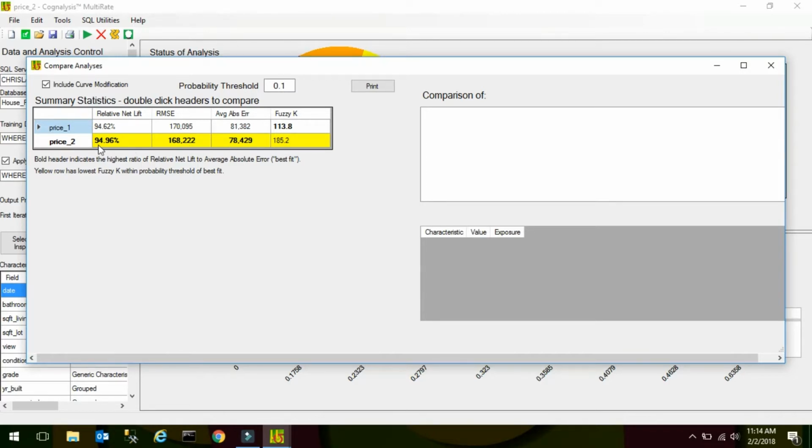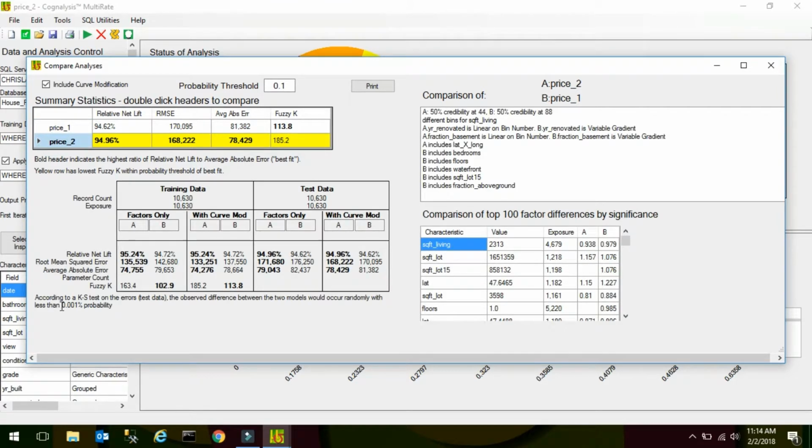In this case, though, the one that is the best fit also is the simplest within tolerance. Price 1 is simpler, but the difference between the two, if I double-click on both of these, is such that it's being rejected. So that simplicity that we're getting from being with the Price 1 model isn't worth it, and that's why this one is being identified as yellow.